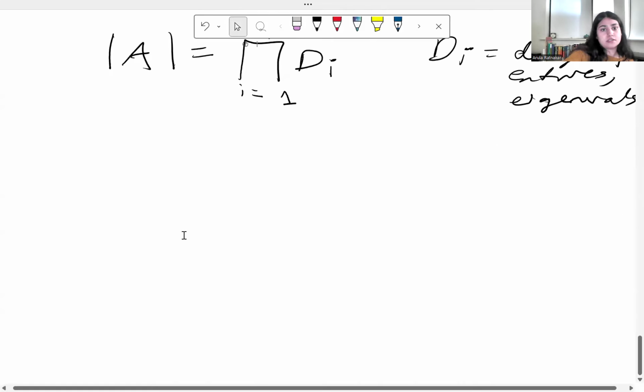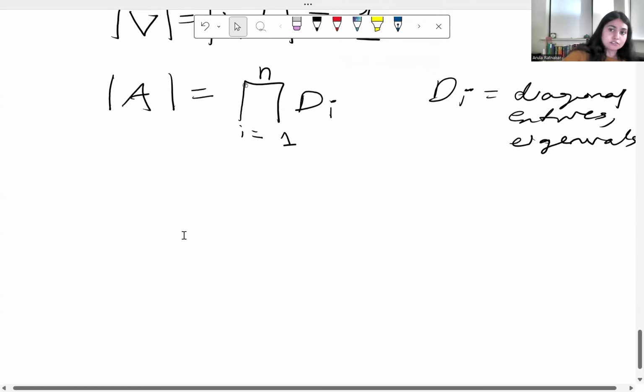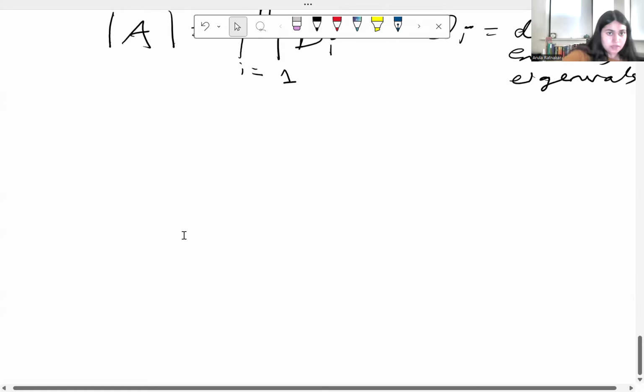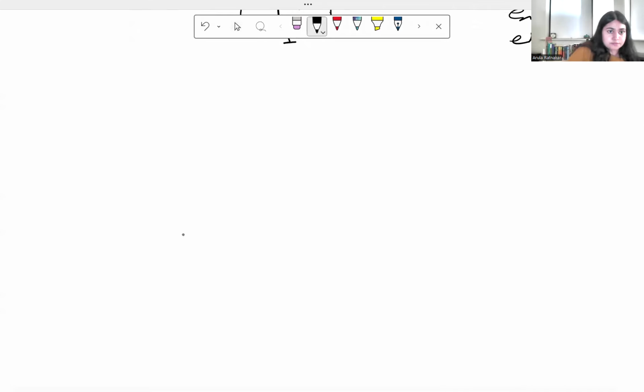So the determinant of A is the product of the eigenvalues, which is the product of the diagonal entries of D. Okay, but anyway, let's get back to our integral.